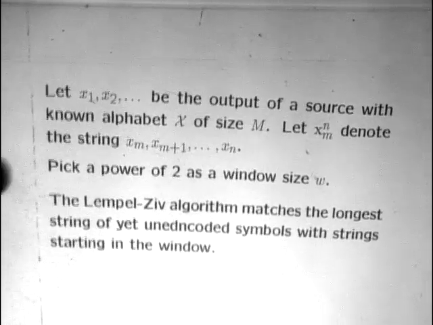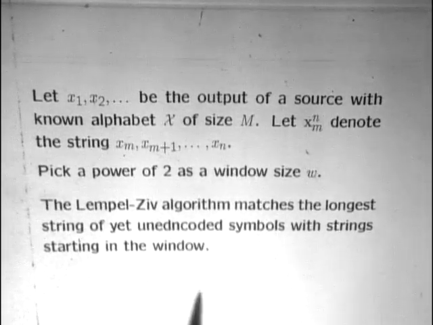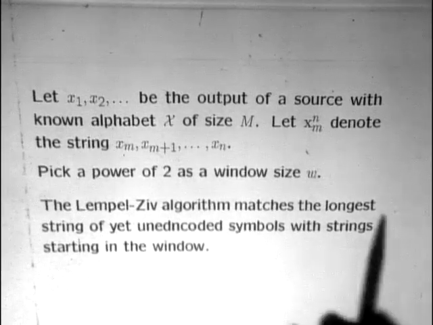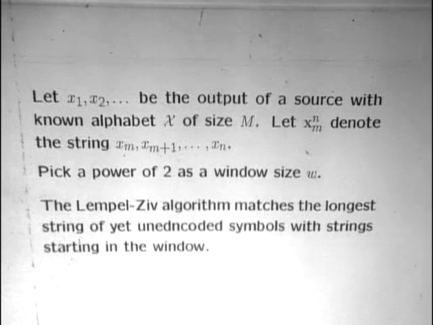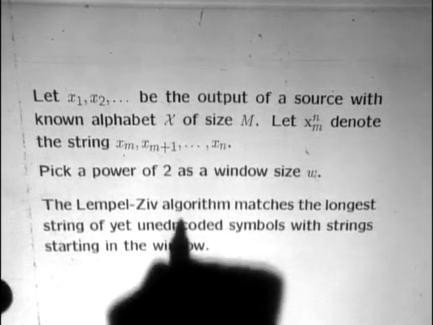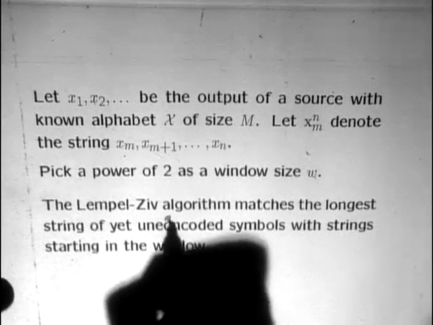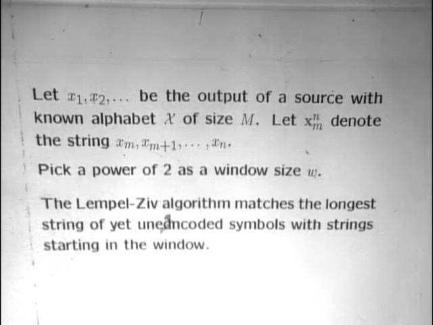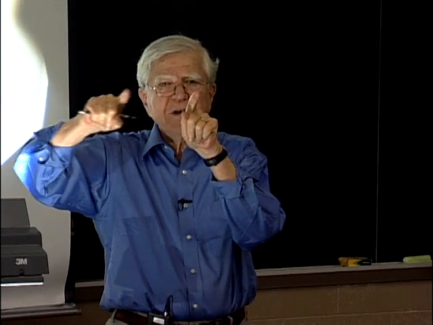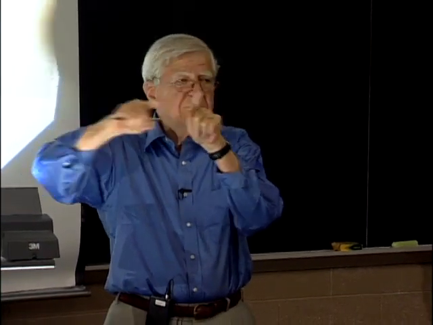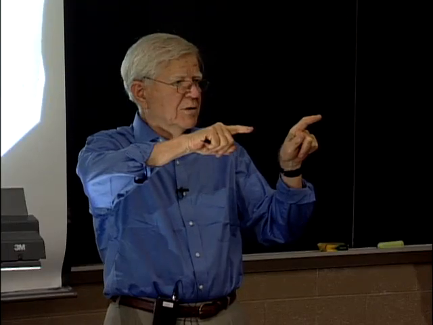What the Lempel Ziv algorithm does, this LZ77 algorithm, is it matches the longest string of yet unencoded symbols by using strings starting in the window. So it takes this sequence of stuff we haven't observed yet. It tries to find the longest string starting there, which it can match with something that's already in the window.